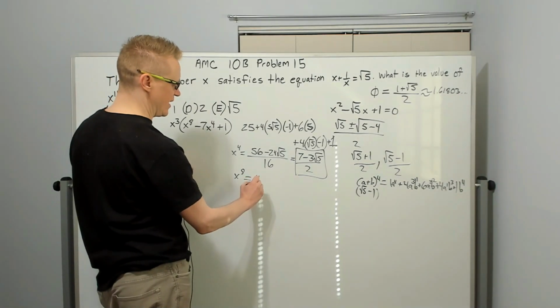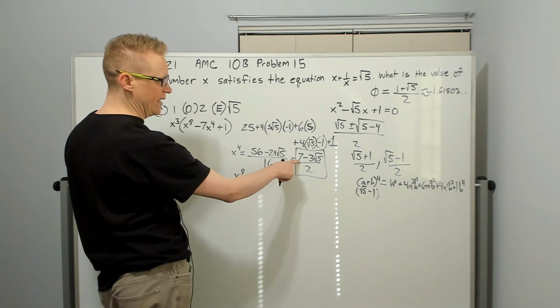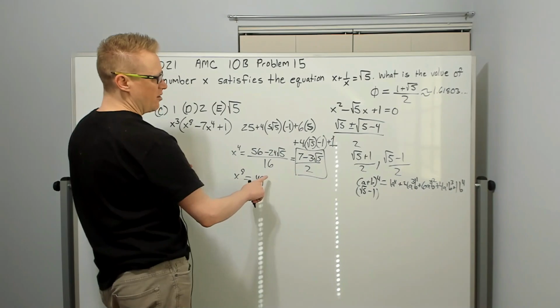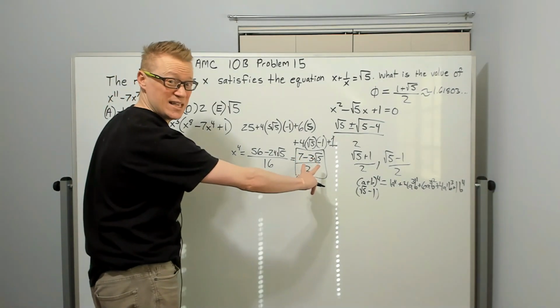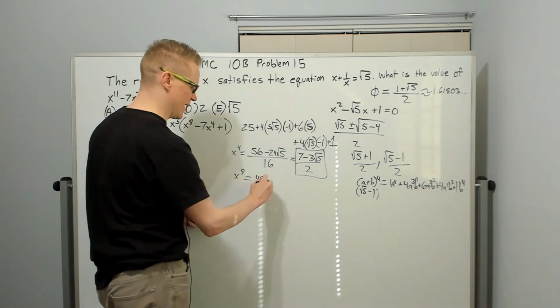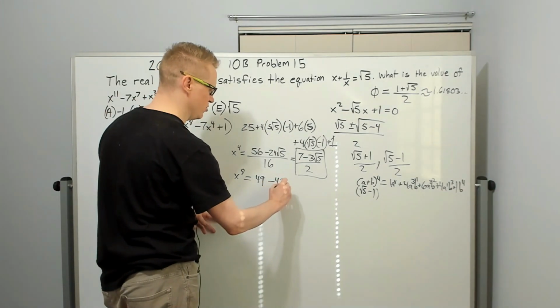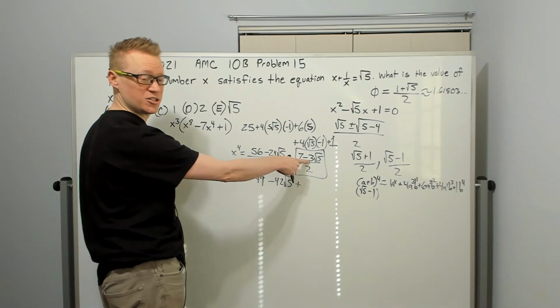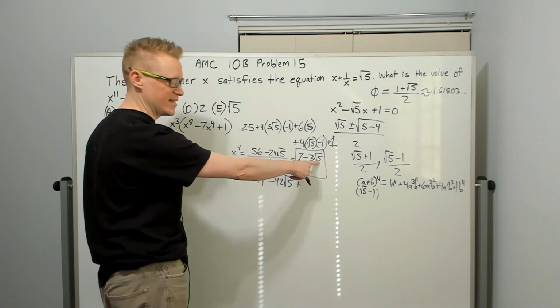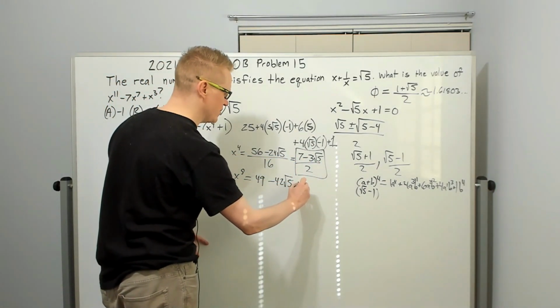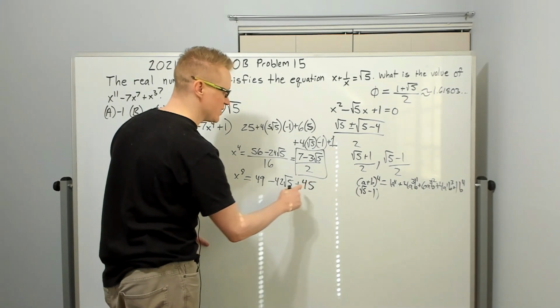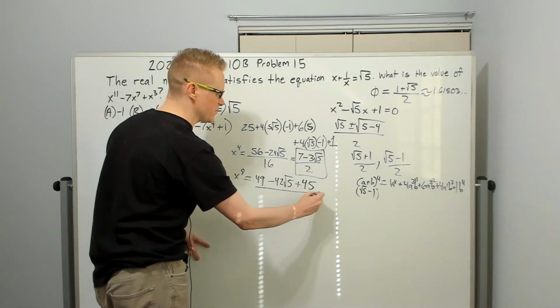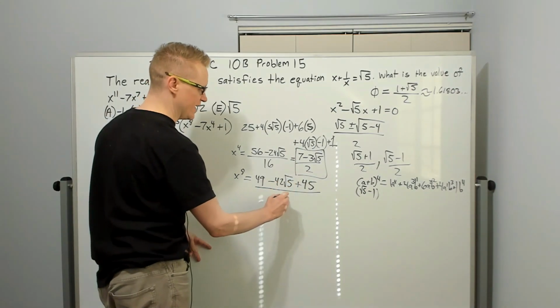So we're going to have a squared, which is 49, new a now, not the a we had over there. 49, the product of these two times 2. That's negative 42 root 5. And then you're going to square this, which is squaring the integer to 9, and then times the number inside the radical, which is going to be 45. It's positive because a negative squared is positive. 2 squared is 4.